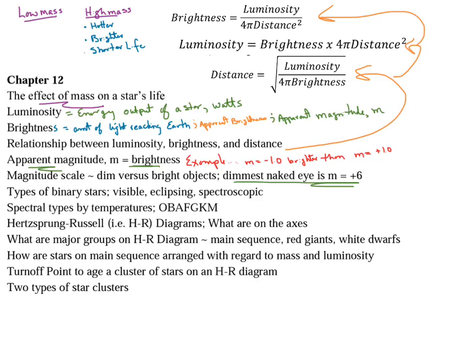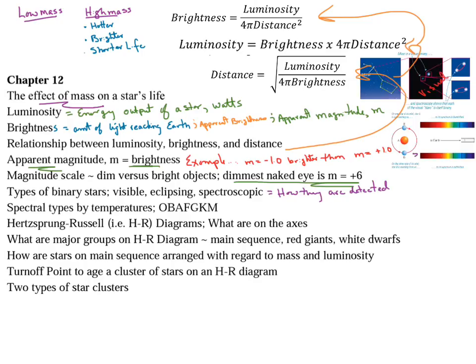Let's see. Binary stars, and I don't have it on this slide, but if I were to ask you, are there many stars up there that have a companion that makes them a pair or a set of binary stars? And the answer is yes. We think maybe 2/3 of the stars up there actually have a companion star. So the types of binary stars are set up based upon how they are detected.